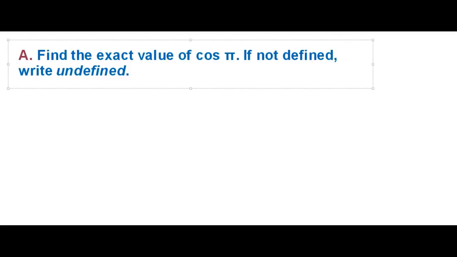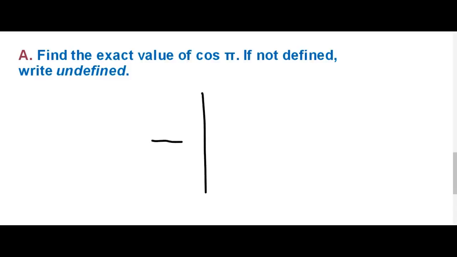All right, this first example is asking us to look at cosine of pi. Now, if you remember, pi is over here. If we start at the positive x-axis, we've got pi, or 180 degrees, on this side. So finding the exact value of cosine, remember, cosine of an angle is the adjacent over the hypotenuse, or x over r.